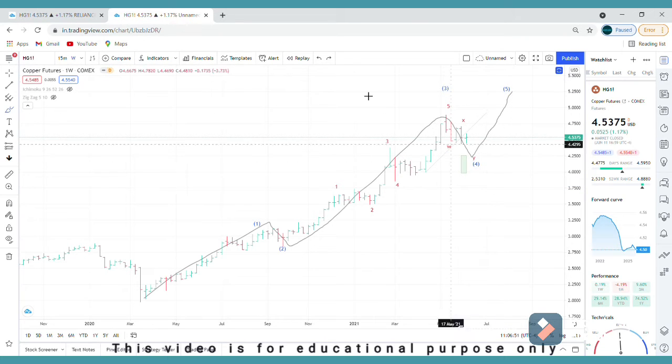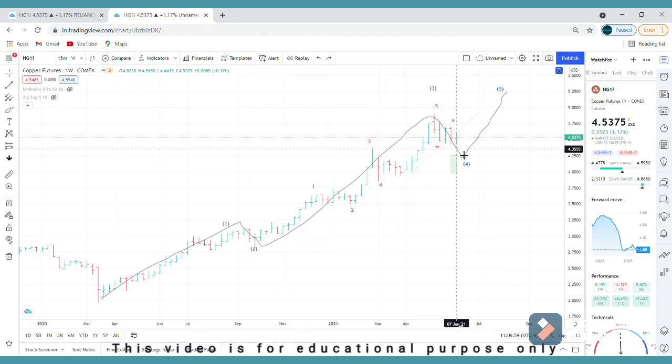So at the entry level we want to enter, so that we can encash the total move. Now obviously, since this is on a weekly chart, we cannot expect this movement in an intraday or in a day or two. Of course it will take a few days or maybe a few weeks, but definitely in a commodity, if we are getting a move of almost 24%, let's say 25%, we will be taking a position in futures, so that will be with leverage.